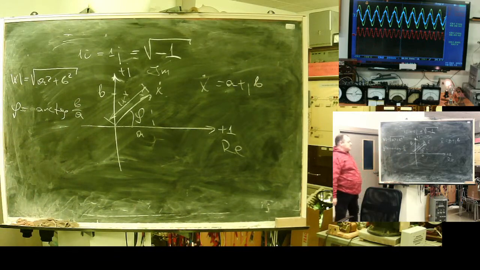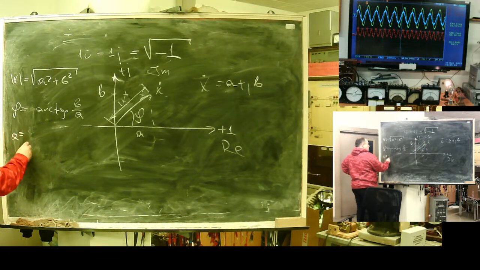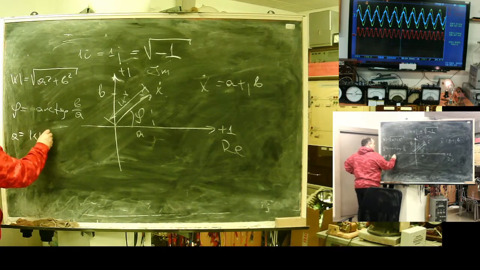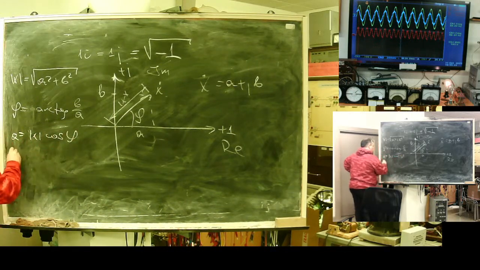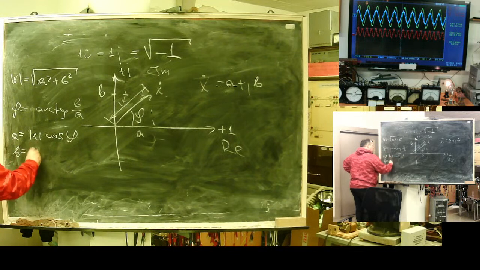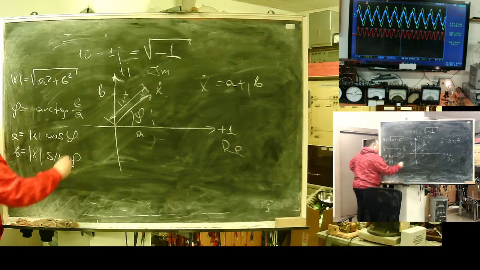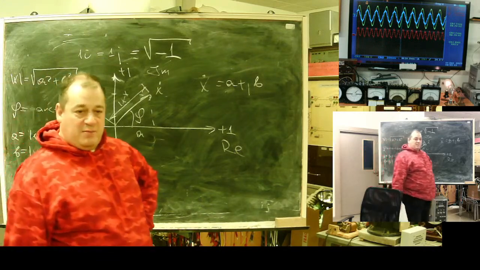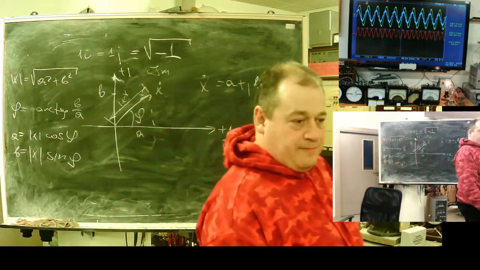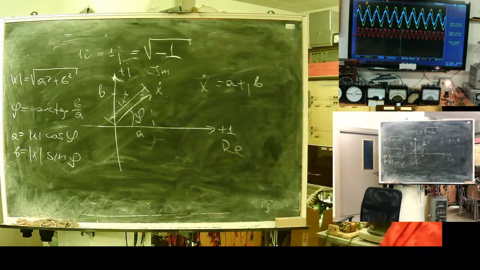Or I can write that a is amplitude times cosine phi and the imaginary part b is amplitude times sine phi. It's simple trigonometry. Am I right? Yes.